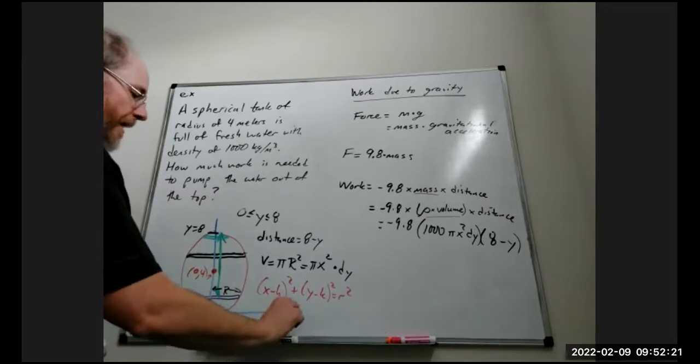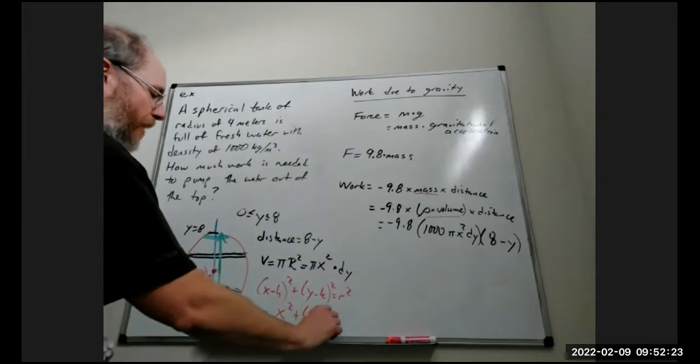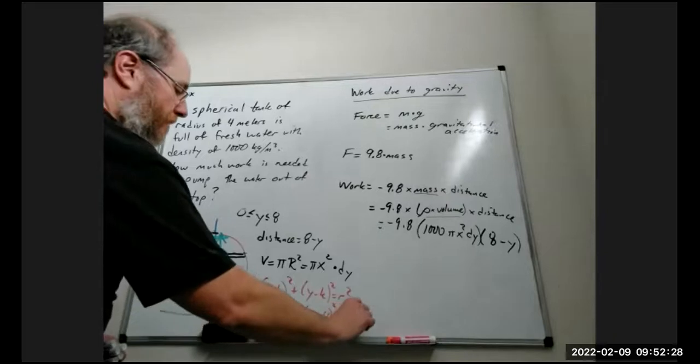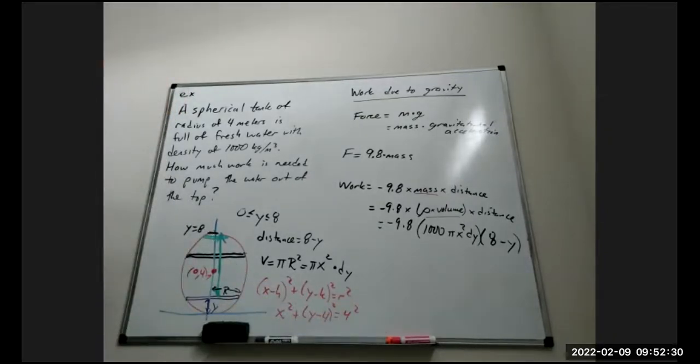So if I put that in, I get x squared plus y minus 4 squared equals 4 squared. And check it out, I can solve that for x squared.